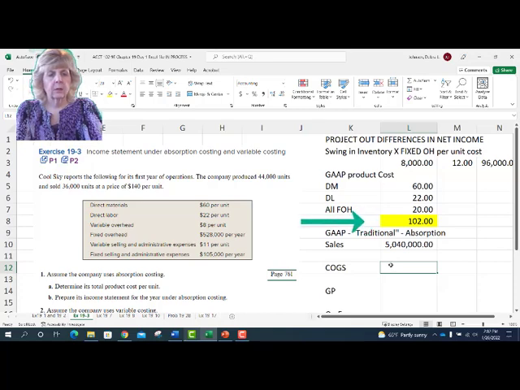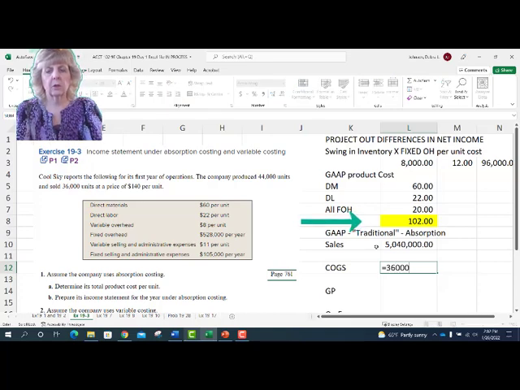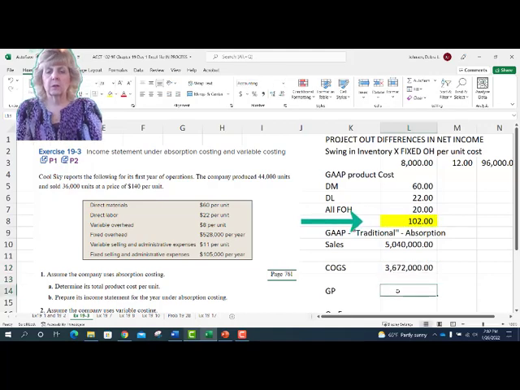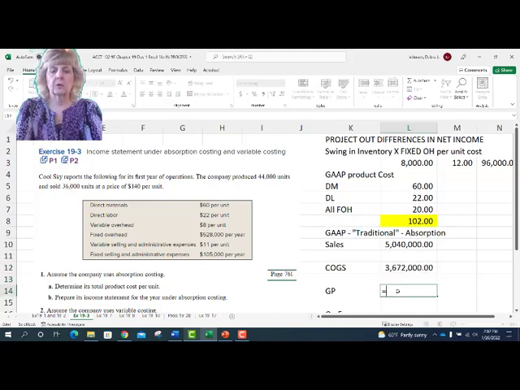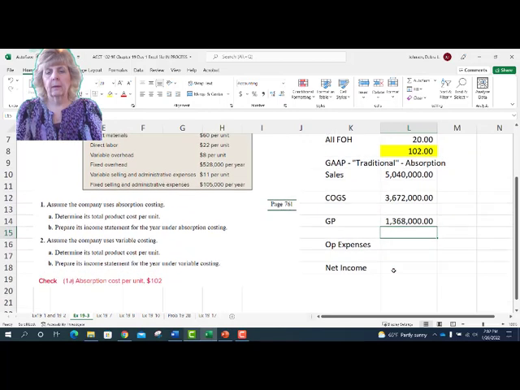And once again, we sold 36,000 units. So 36,000 units times that 102 GAAP cost would give us cost of goods sold, as you see on the screen. The profit would be the difference in the two. Let me put a total line in there.